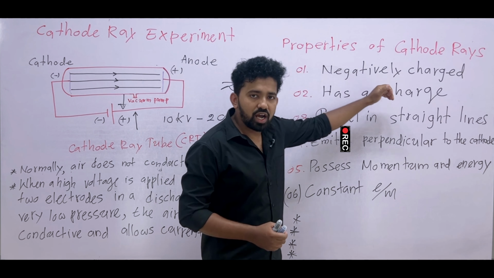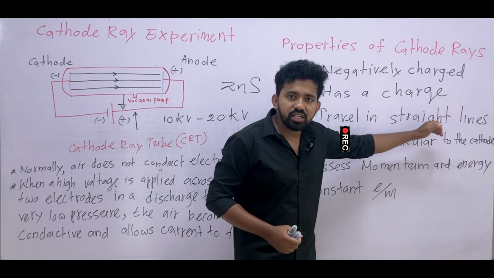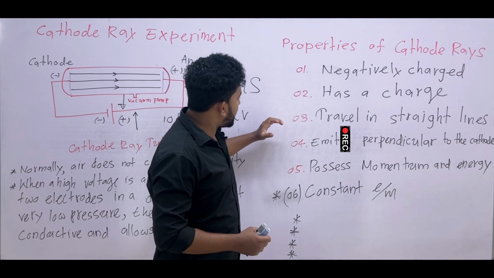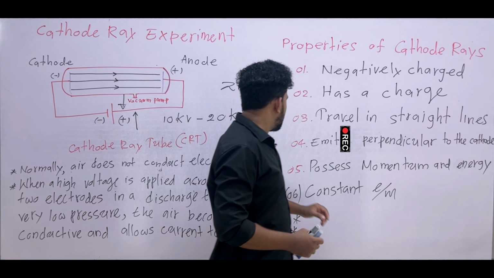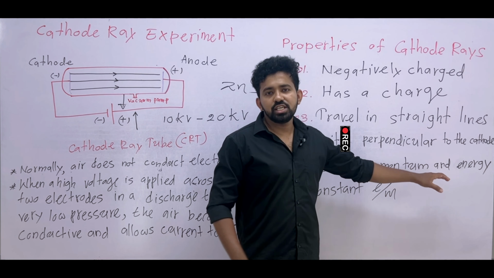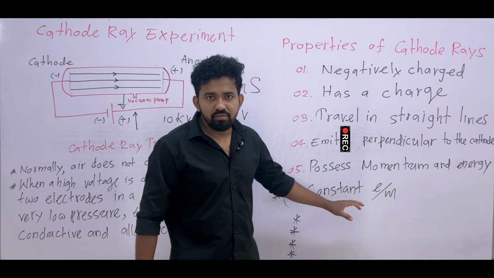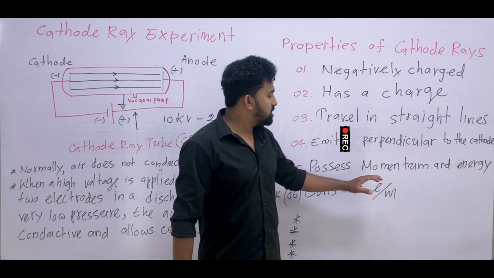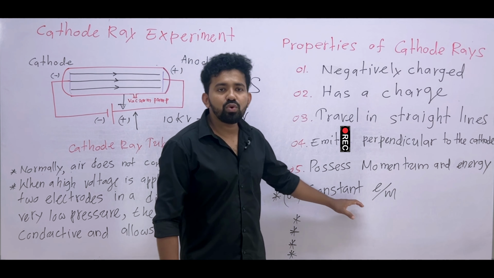Cathode rays travel in straight lines. Cathode rays are emitted perpendicular to the cathode. Cathode rays possess momentum and energy. And also we have to learn about the e over m value of the cathode ray, the charge over mass value, which is a constant.